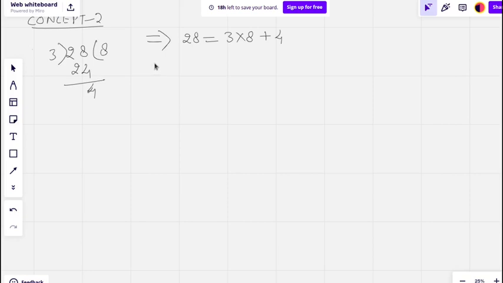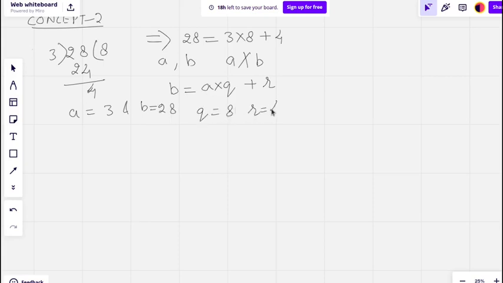So if we have to write in terms of A and B, and let's say A does not divide B, then we can say that B is equal to A times some quotient Q plus R, right? So in the case where A was 3 and B was 28, our Q was 8 and remainder was 4, right?